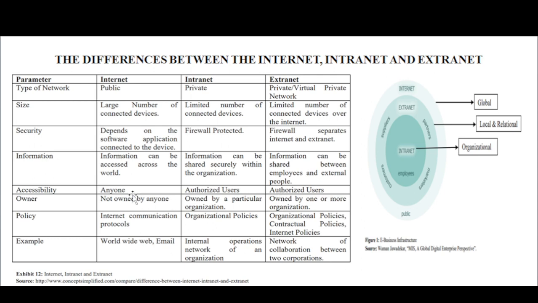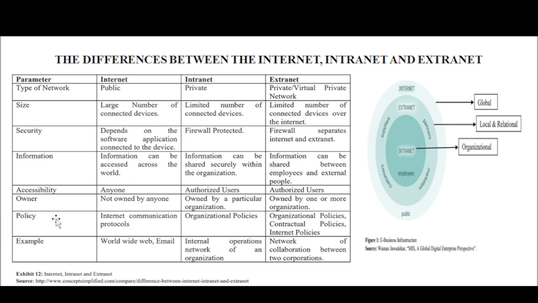Then owner. The internet is not owned by any single entity, it's a global network. Then intranet is owned by a specific organization. Then extranet is owned by one or more organizations collaborating together. Then policy.